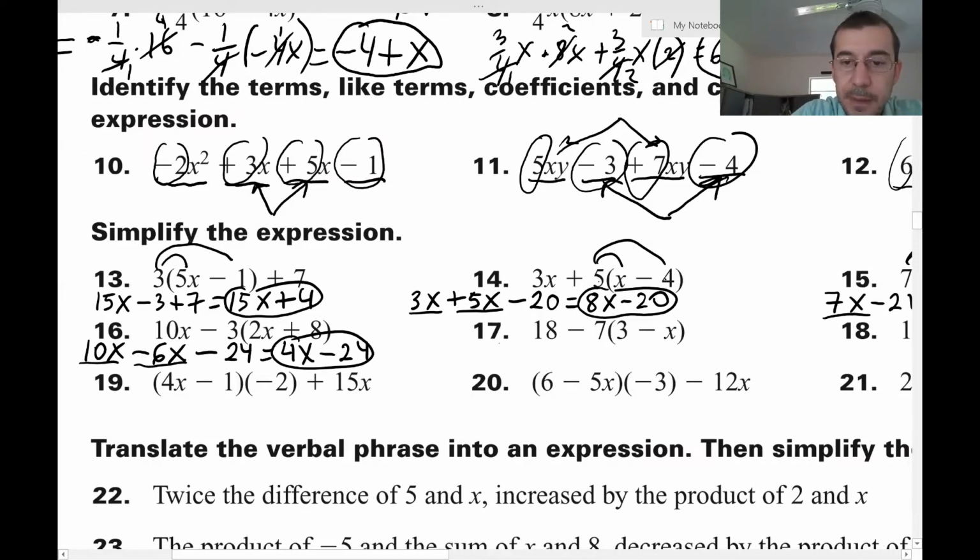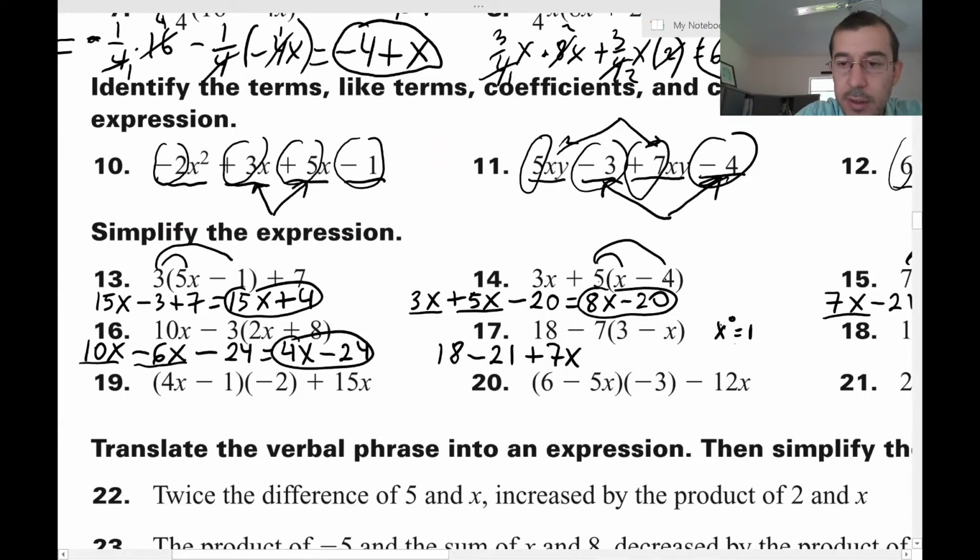17, we have 18, and then minus 7 times plus 3, it's minus, and then 7 times 3 is 21, minus 7 times minus x, it's going to be plus, and then 7 times 1, there's 1 in front of the x, so it's 7, and then x times 1 is x. Okay, you can imagine there's x to the 0th power, and x to the 0 is 1.